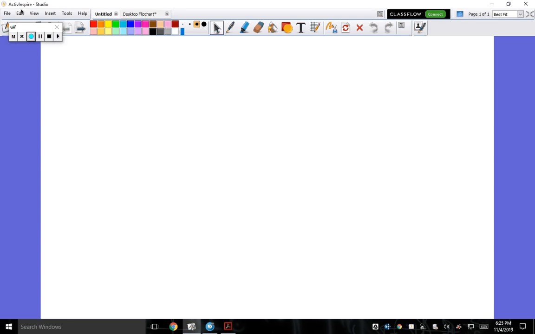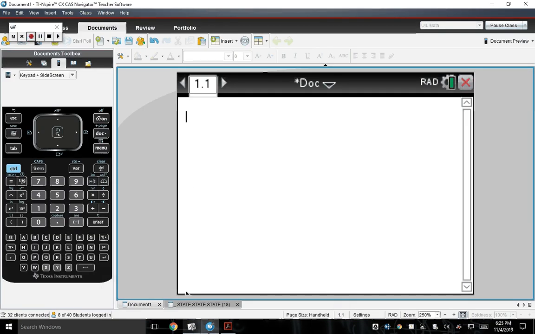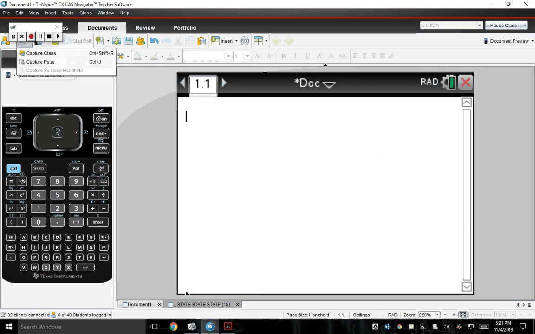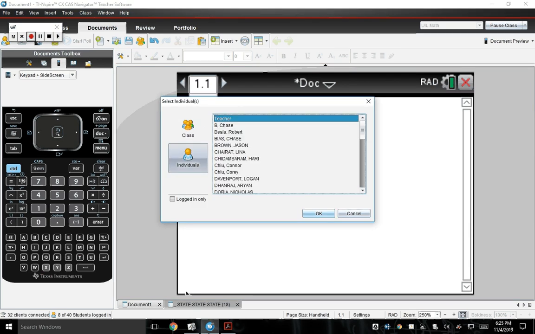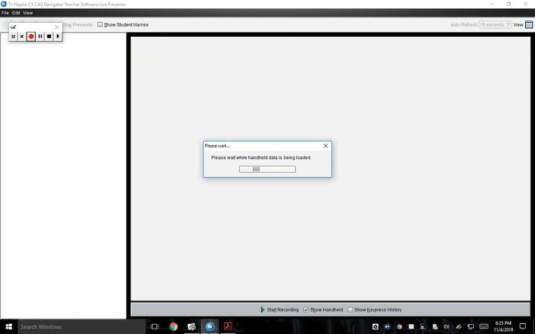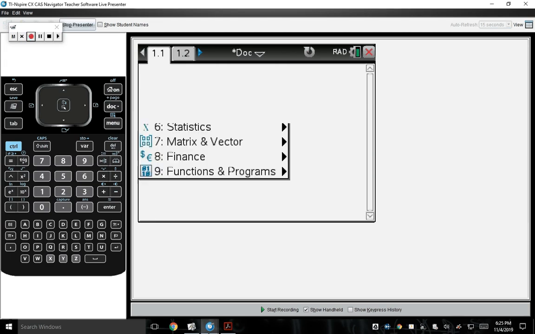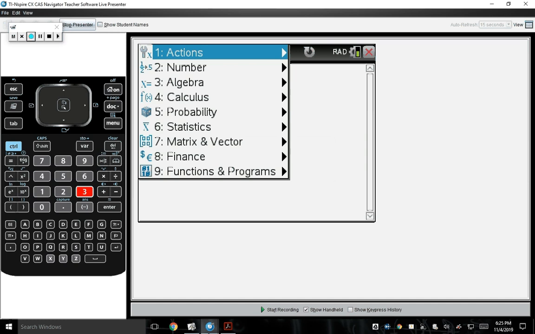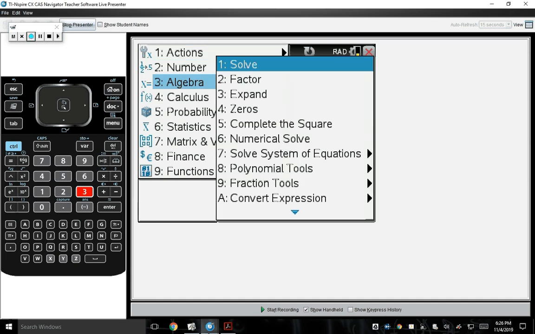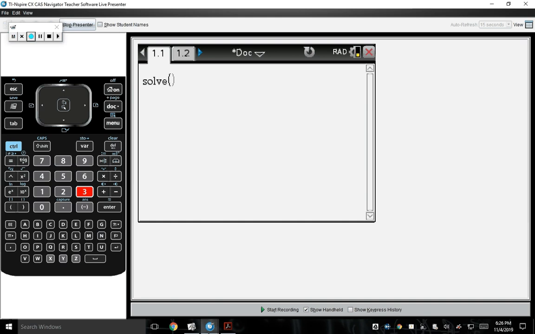Alright, let me capture my calculator that I signed in with just now, and here we go. Follow me. We're going to press menu, 3 for algebra, 1 for solve. And then we're going to do control, this blue button right here, divide. We're going to do 3/5.